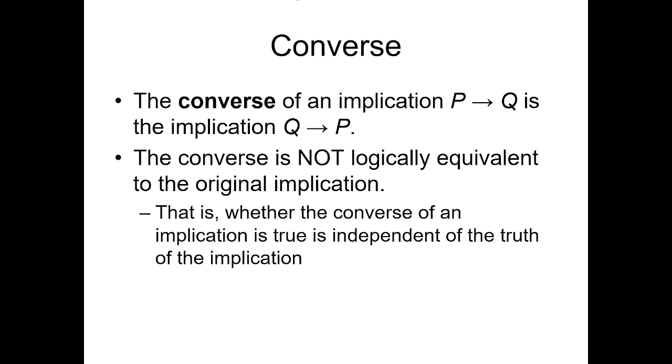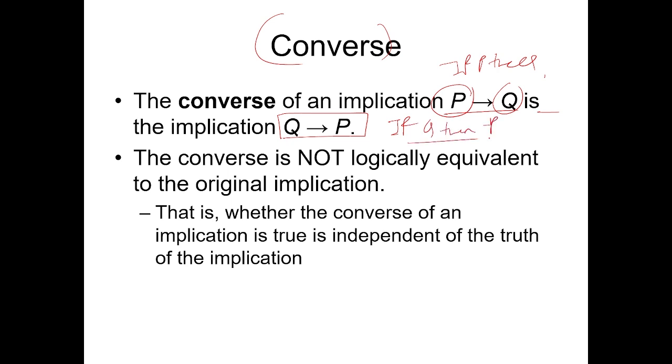The converse. The converse of an implication P implies Q is the implication Q implies P. So if P then Q, and you suddenly start saying if Q then P, these two are obviously not going to be equal.